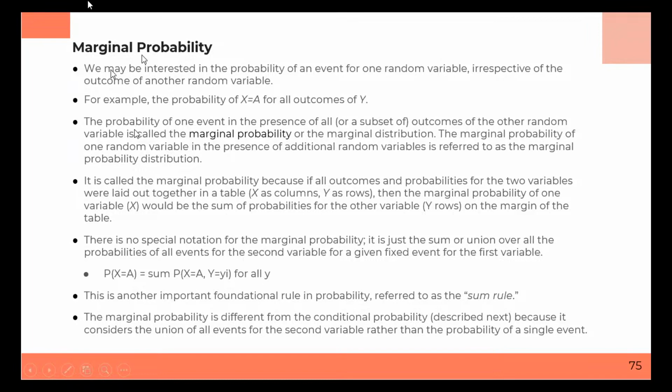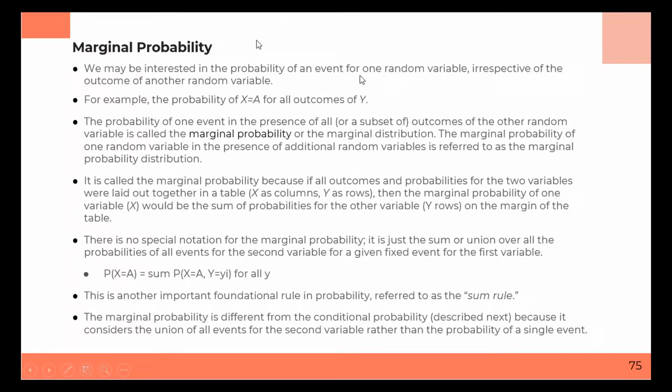Marginal probability. We may be interested in the probability of an event for one random variable, irrespective of the outcome of another random variable. Alright, you understand that?